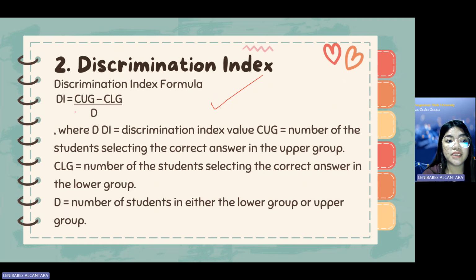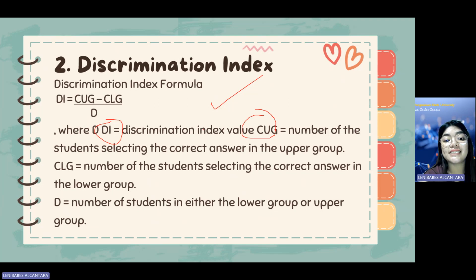Now, this is the formula of the discrimination index. CUG minus CLG is equals to DI. Huwag kayong malilito. Where DI is equals to discrimination index value. Okay? Yung DI na yan, itinatawag natin yan, discrimination index. Ano naman yung CUG? Ito yung mga estudyante from the upper group na nakakuha ng tamang sagot.